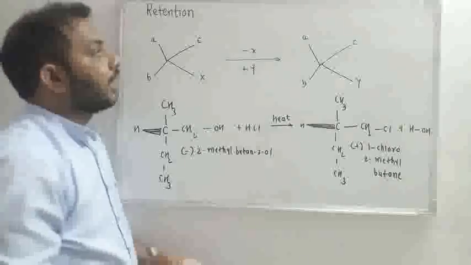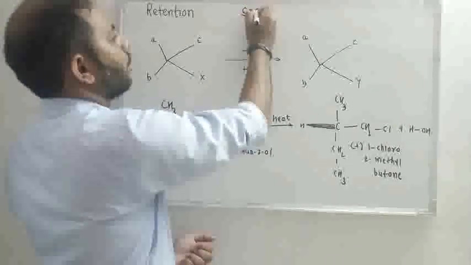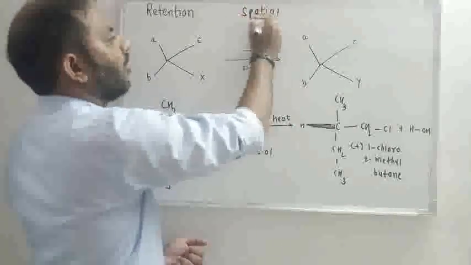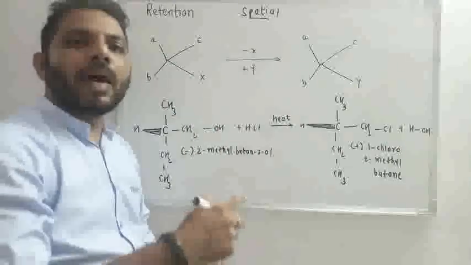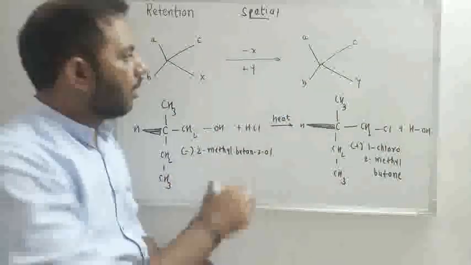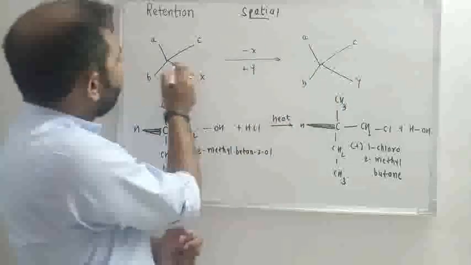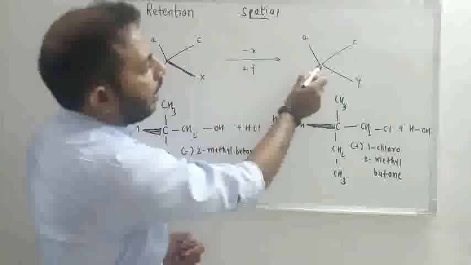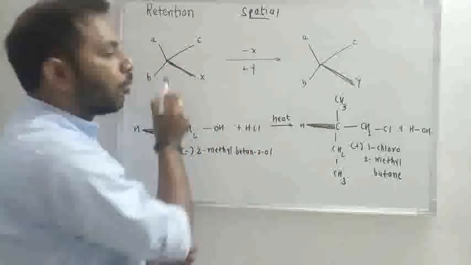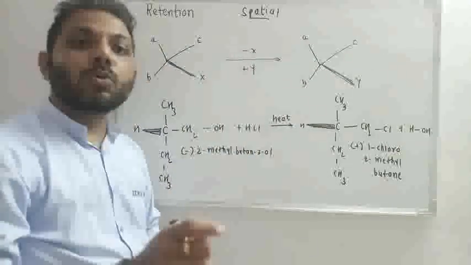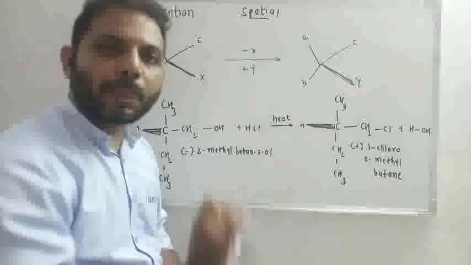The spatial arrangement, which means the arrangement of atoms in space, remains the same. X is replaced by Y, but this position I am talking about is not getting changed. This position is remaining the same.